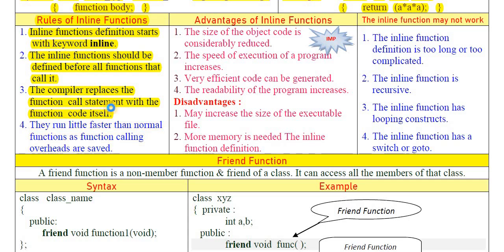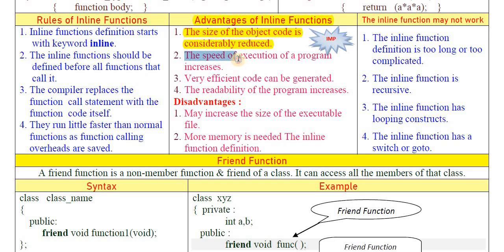Okay, then the next topic is advantages of inline function. This is very important. Many times in examinations a question will come for 5 marks, like what is an inline function, write the advantages of inline function. The advantages are, first, the size of object code is considerably reduced, meaning by using inline functions we can reduce the size of the code.